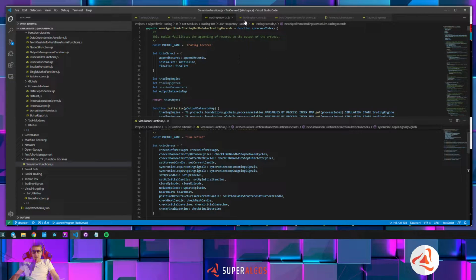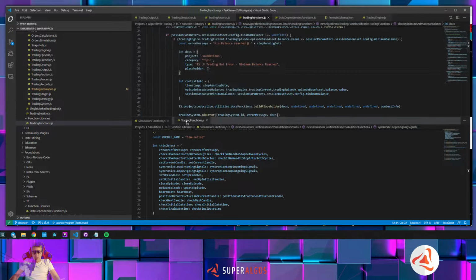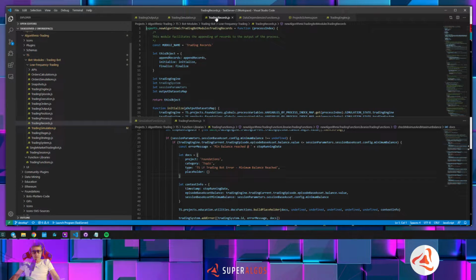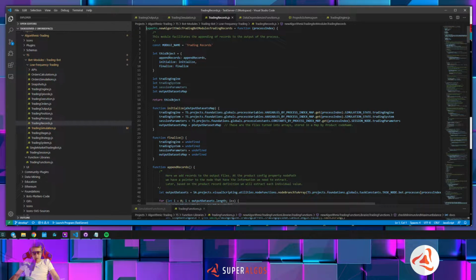We don't need this. This and this guy I will put it here. Okay, so this module facilitates the appending of records to the output files of the process, let's say of the simulation.